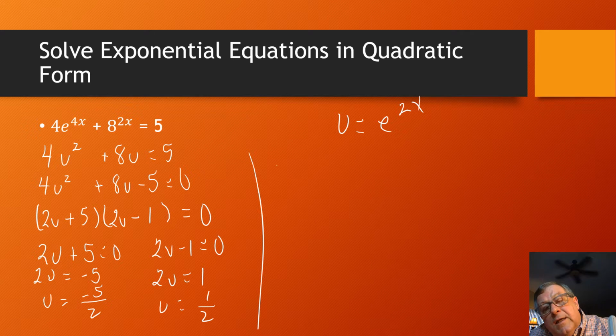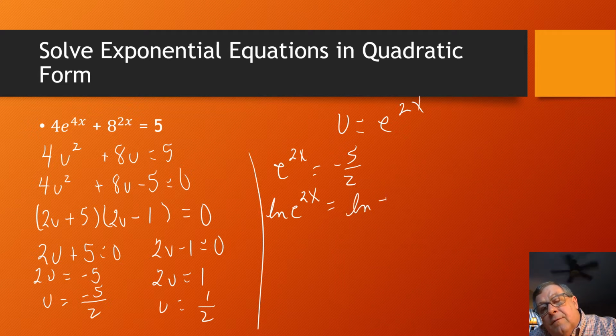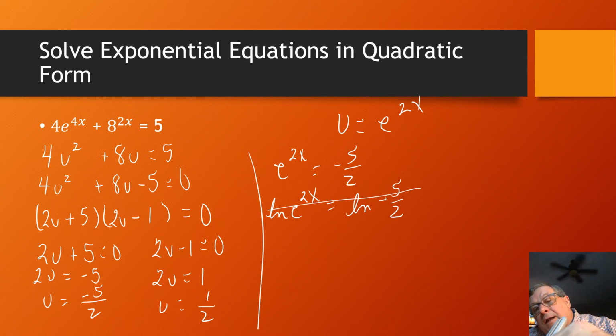So now I've got e raised to the power of 2x equals negative 5 over 2. I could really quit working on this because I'm about to take the log of a negative number, but let's do it anyway. ln of e to the 2x equals ln of negative 5 over 2, but I can't take the log of a negative number, so that's not going to be a solution. Well, let's work on the other. So we got e raised to the power of 2x equals 1/2.